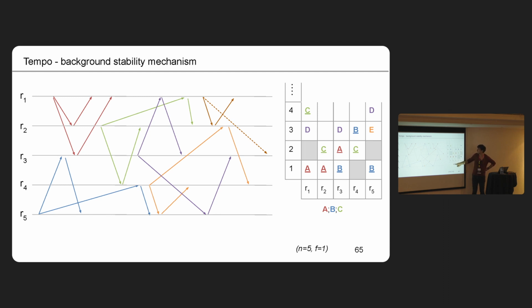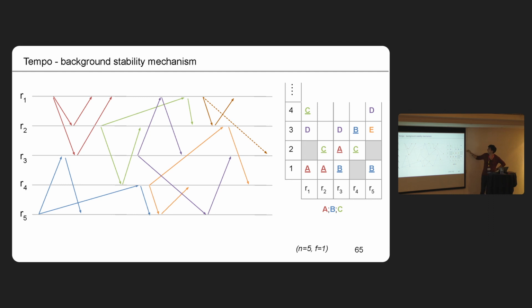In fact, you need to wait for B to agree on B, and once you know B, you can execute A right away, because you have a quorum whose promises have passed the timestamp of A. So you know that everything that could have a lower timestamp is known locally.